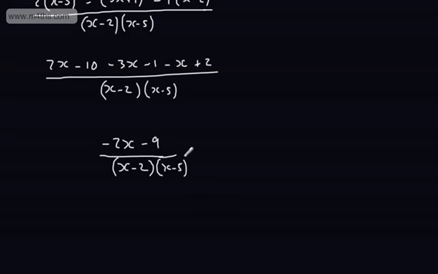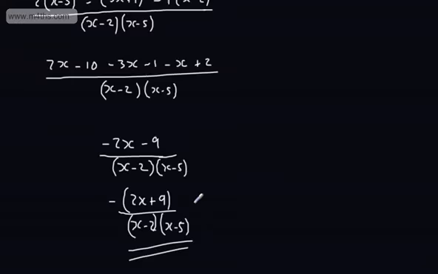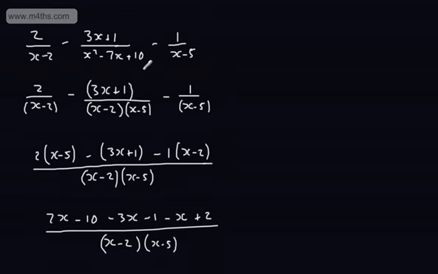So can we tidy this up? We could, of course, take the negative out and write this as minus 2x plus 9 over x minus 2, and then we'd have x minus 5. So that's a single fraction in its simplest form, and we've done that by simply factoring these.